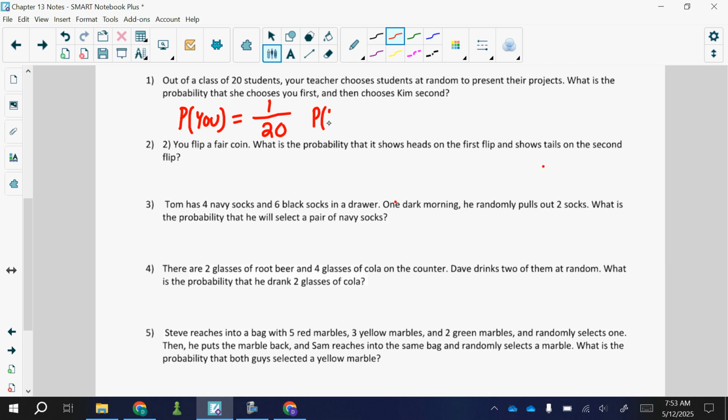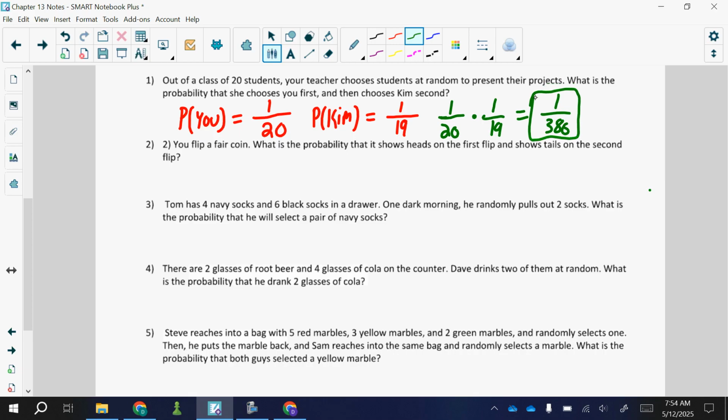For the probability of Kim, Kim is one person, and now there is a total of 19 students because you were already picked. So all you do is multiply these together: 1 over 20 times 1 over 19 gives you 1 over 380. You can keep it as a fraction.